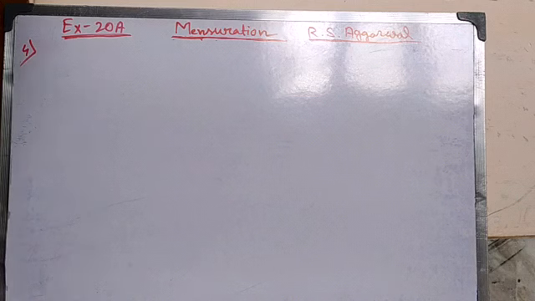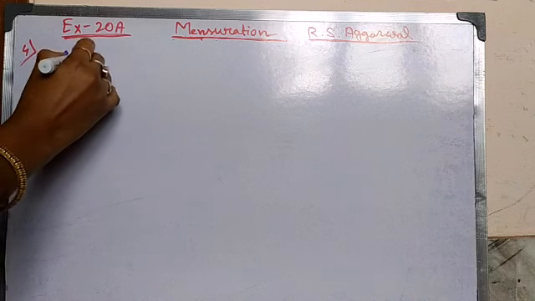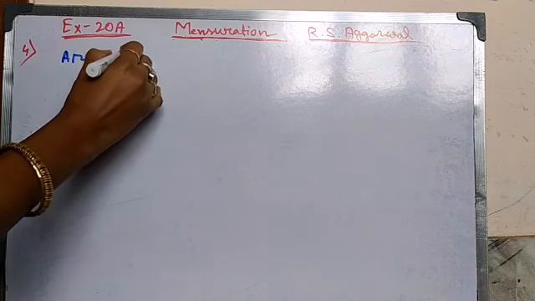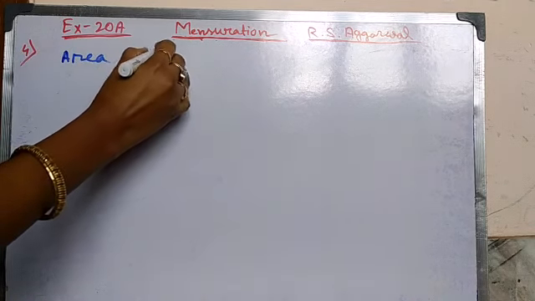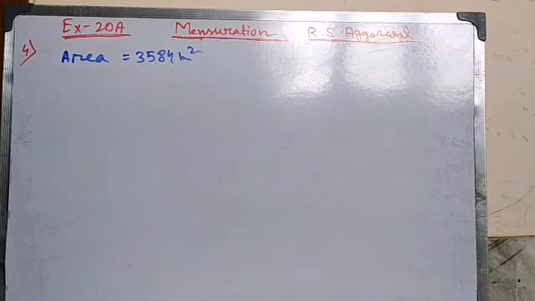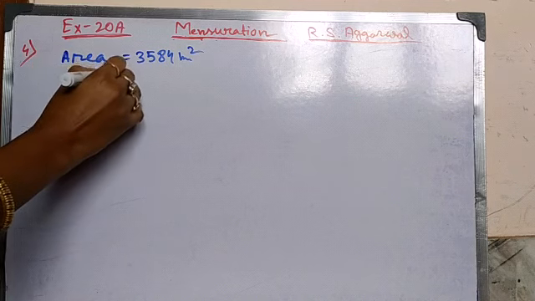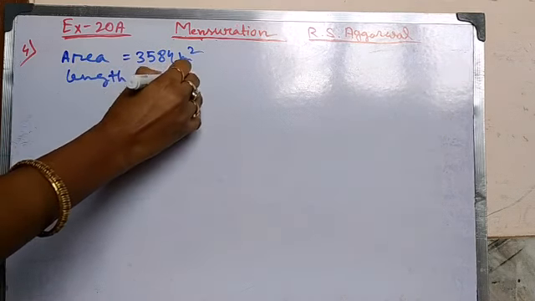Now question number 4. The area of a rectangular field is 3584 meters square. Its length is 64 meter.